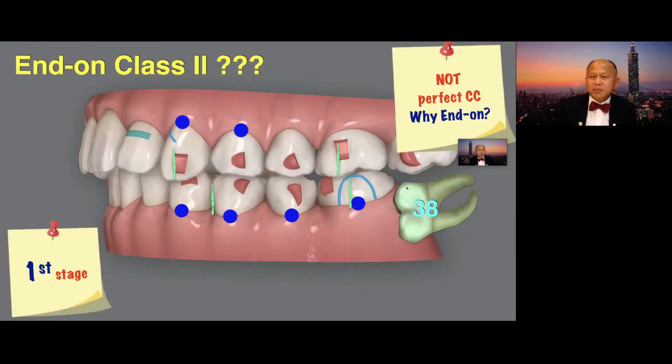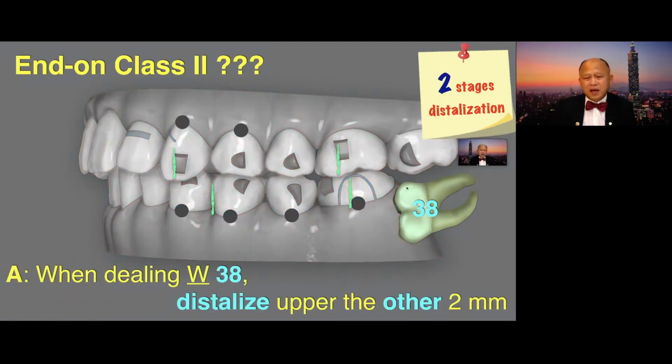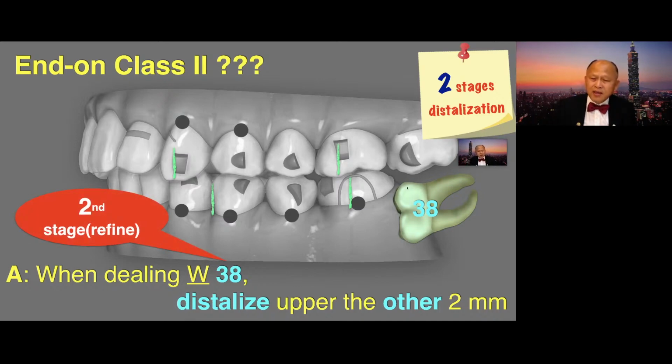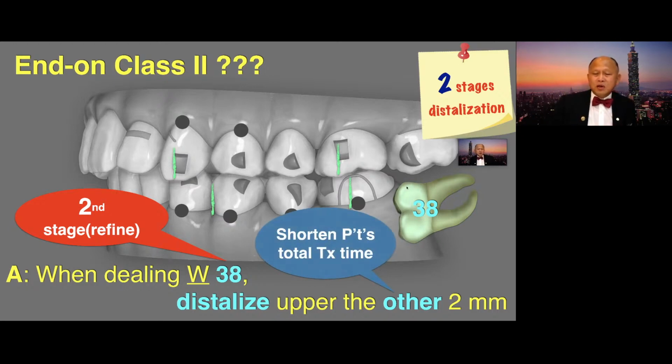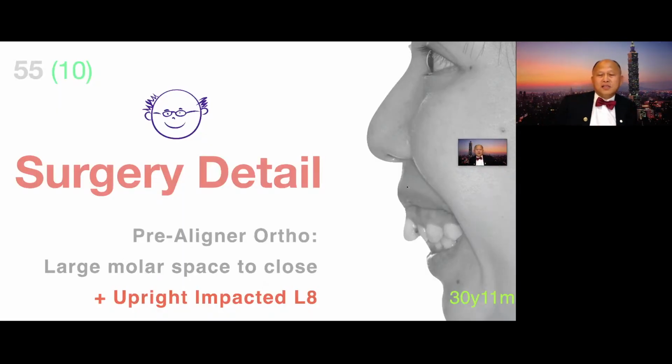And why you want to leave this end on class 2? Simply because this is just stage 1. We have 2-stage digitalization. And during refinement, once we upright the model, we can have the second scan and we digitalize the model in the second scan.